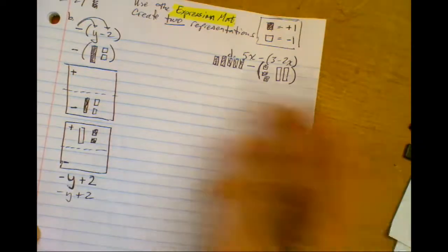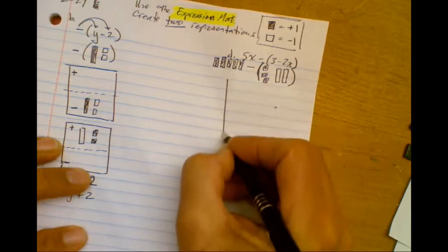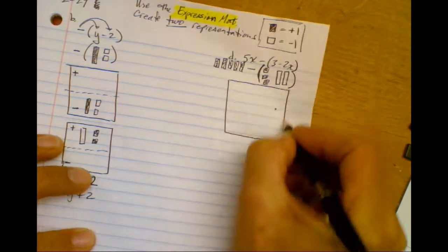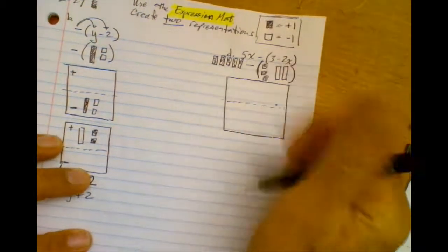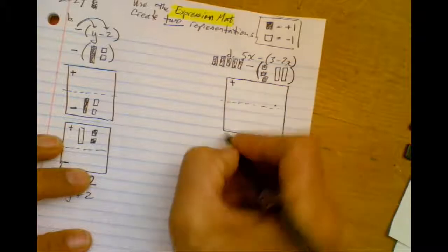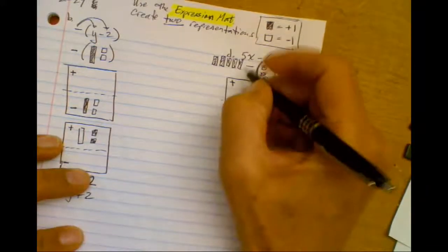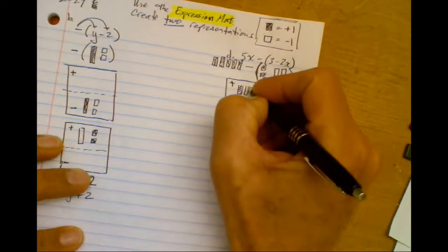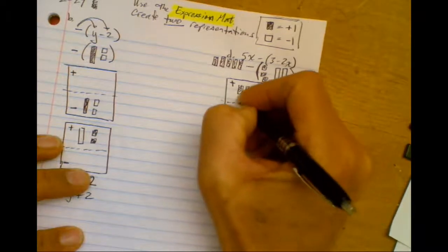And so one way I could write this is as an expressions mat. It looks like this. Right, so this is my positive region, this is my opposites region, my negative region, my minus region. I have these 5 pieces here: 3, 4, 5.